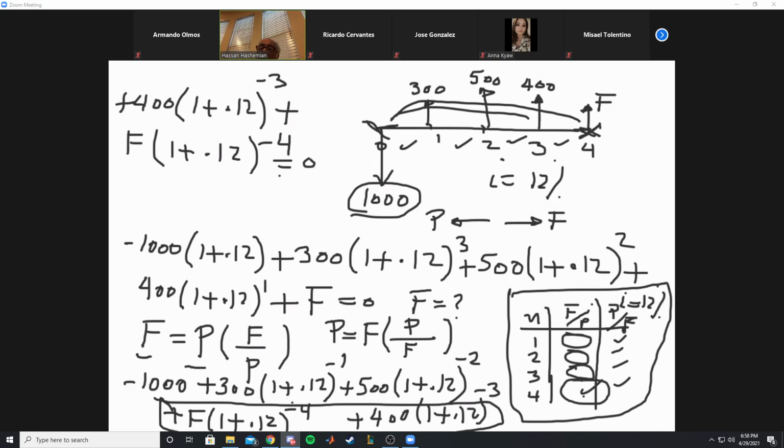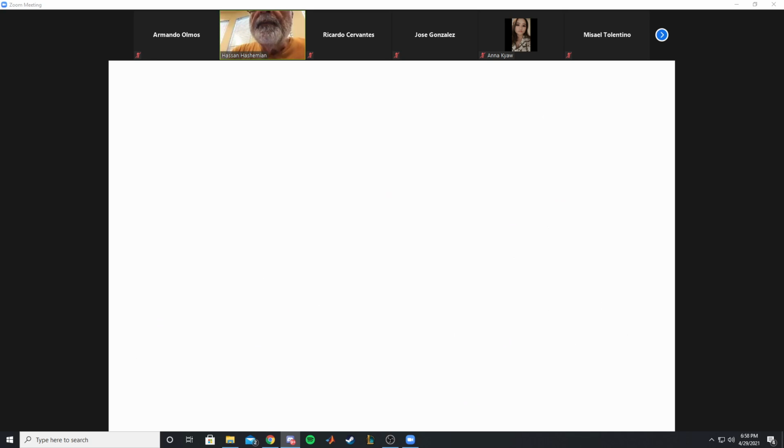Okay, one more formula that you need is the formula that we need for annuity. So if we have, let's say you deposit $100 each month into your savings account, and you do that for 5 years.